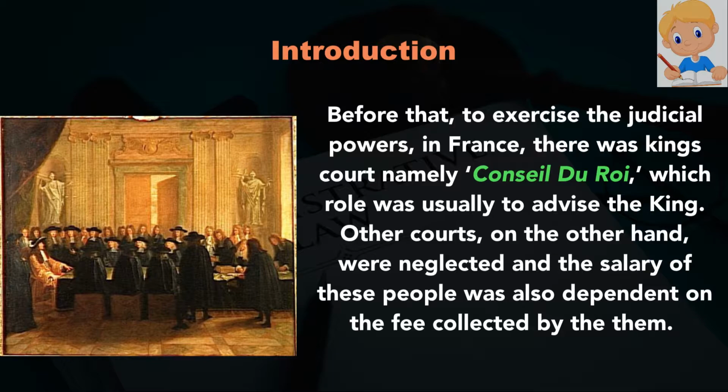Other courts, on the other hand, were neglected, and the salary of the people working there was also dependent on the fees collected by these courts. So it was, you can say, unpredictable.